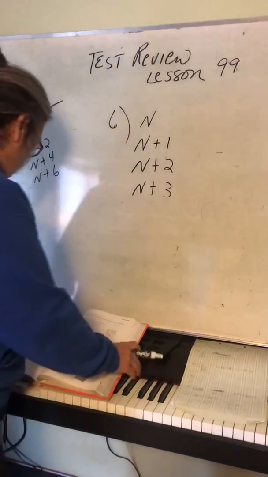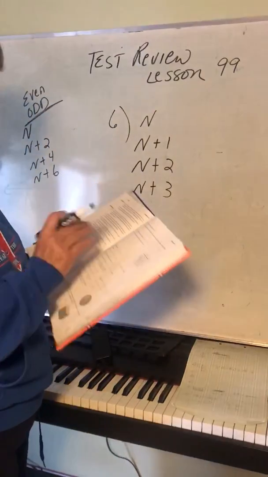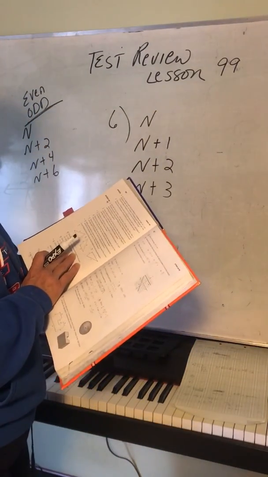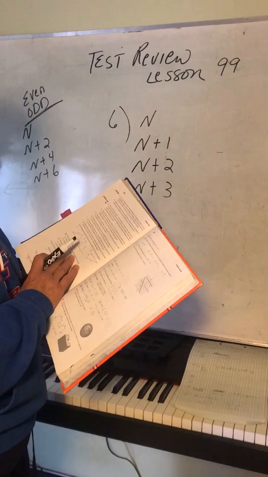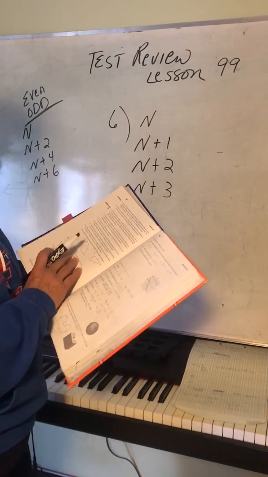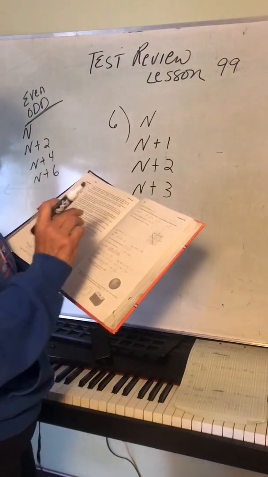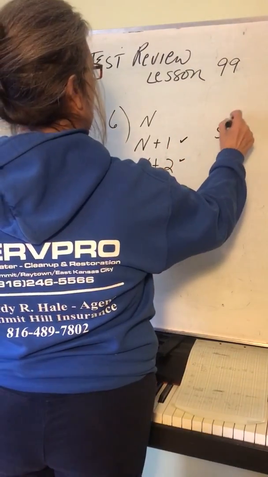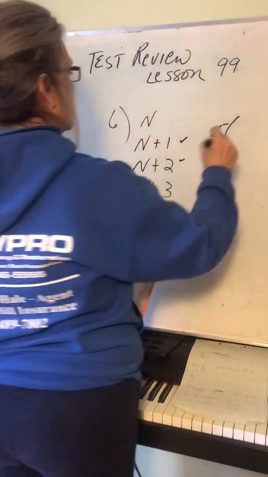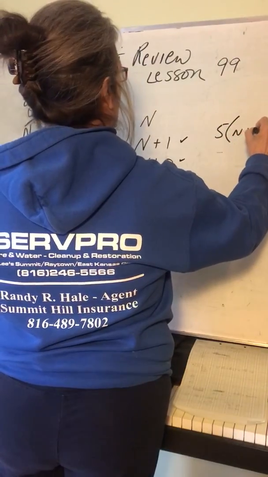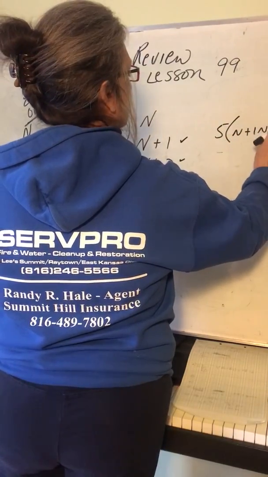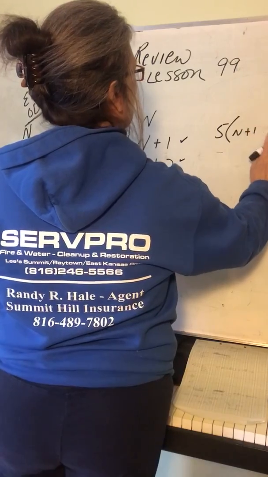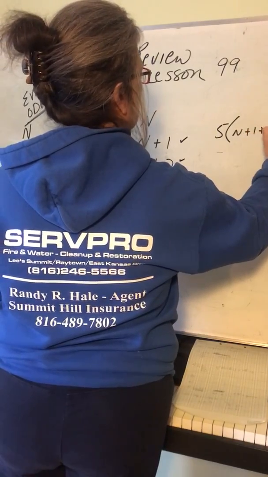Okay, so the next thing is find 4 consecutive integers such that 5 times the sum of the second and third. Okay, this is the second and third. 5 times the sum of those, n plus 1 and n plus 2, n plus 1 plus n plus 2.